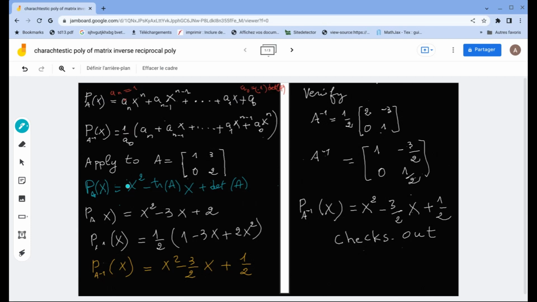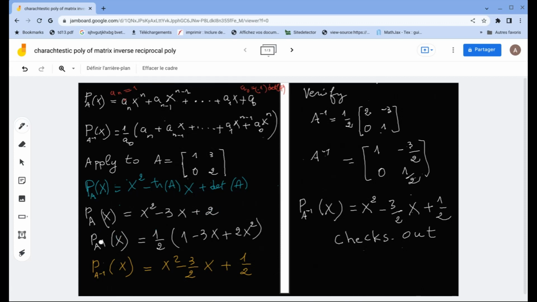That means that the coefficient of x2 is 1. So I calculate the characteristic polynomial. x2 minus trace, which is the sum of the diagonal entries, 1 plus 2 equal 3. And then the determinant is 1 times 2 minus 3 times 0 equal 2.